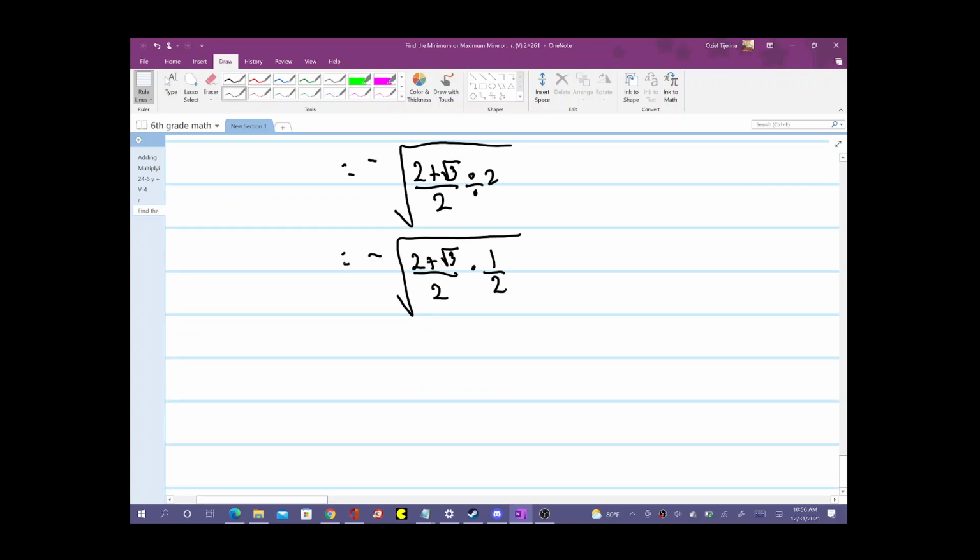This then becomes negative the square root of 2 plus the square root of 3 over 4.